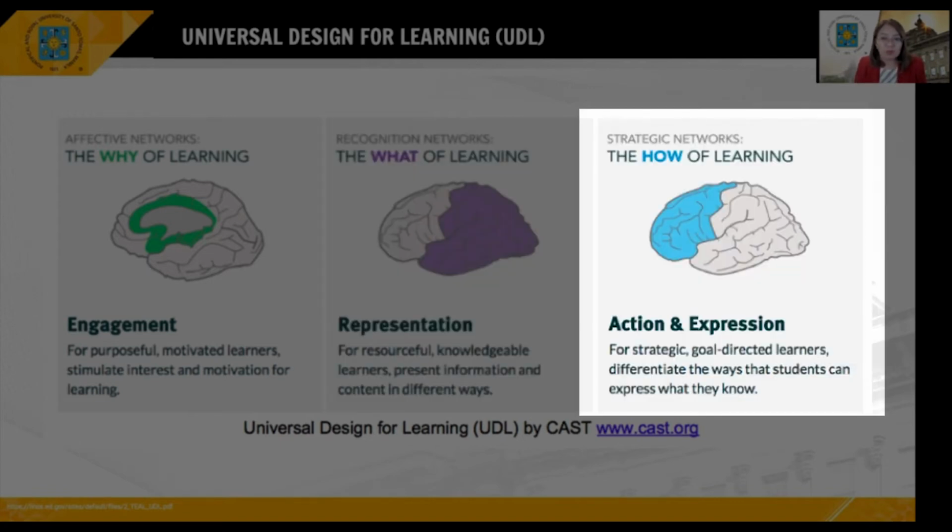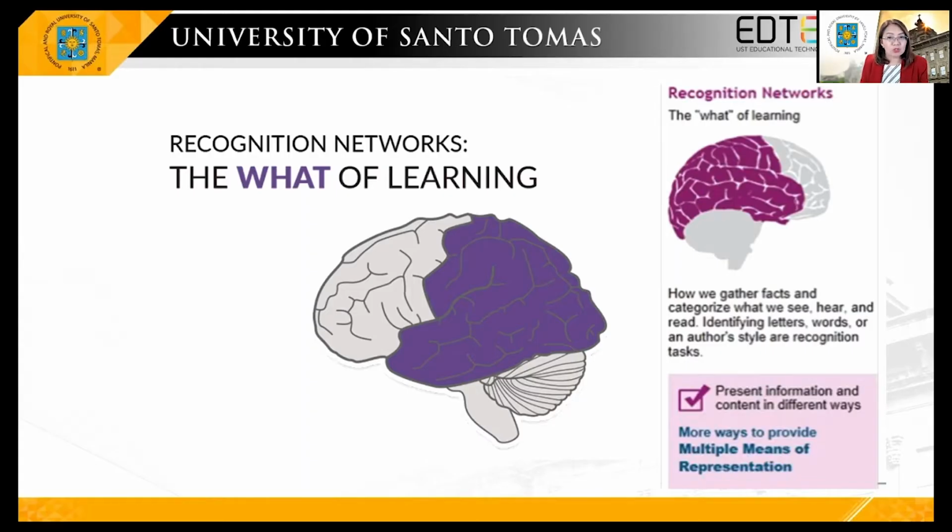So third is the multiple means of action and expression. It means providing learners with alternative ways to act skillfully and then demonstrate what they know. We can probably see this from the levels of our assessment on how they can actually demonstrate what they have learned. So grounded in research of learner differences and effective instructional settings, UDL principles call for ways to present or access information, concepts, and ideas.